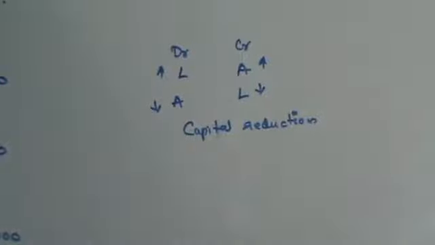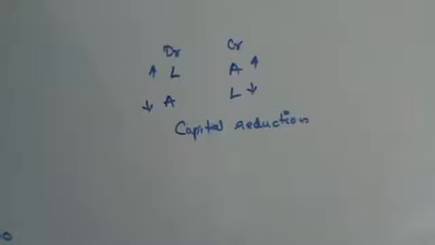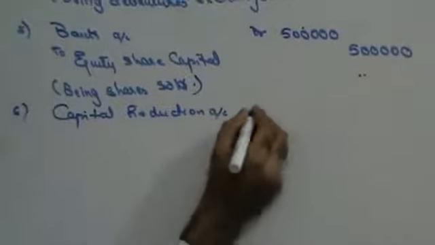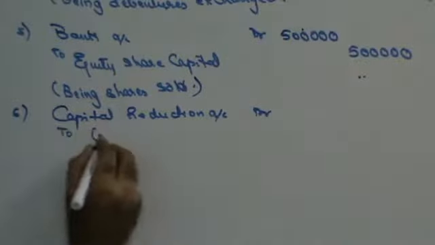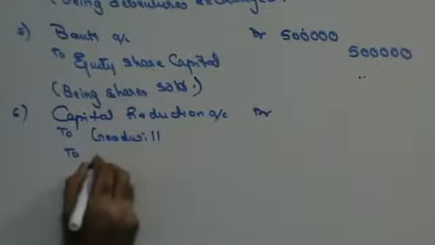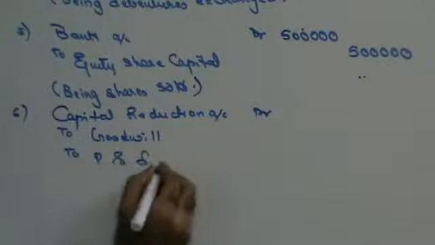Guys, look at the rule. Assets going down means capital reduction should be on the debit side. So this will be capital reduction account debit to goodwill, to profit and loss.